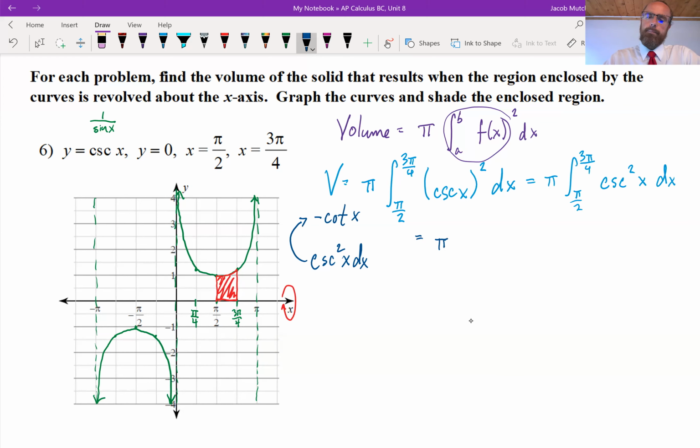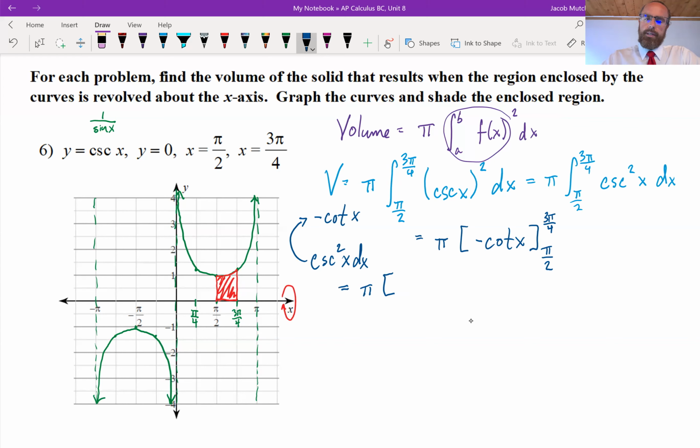So this is now going to be equal to pi. So again, you see that pi, it's a very steady coefficient there, doesn't change. And our integration is going to be negative cotangent of x, evaluated from pi over 2 to 3 pi over 4. So we're ready to plug in and evaluate according to the fundamental theorem of calculus.